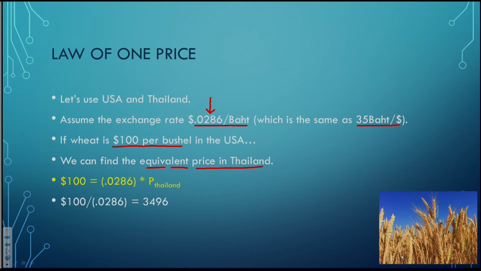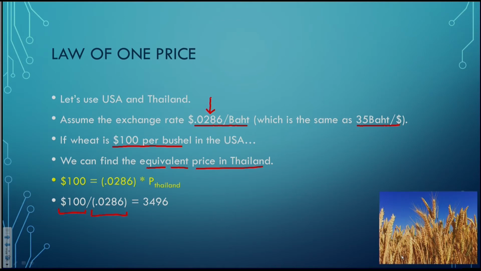So if I take the US price of $100 and I divide it by the dollar to baht exchange rate, this is going to tell me the price in Thailand.